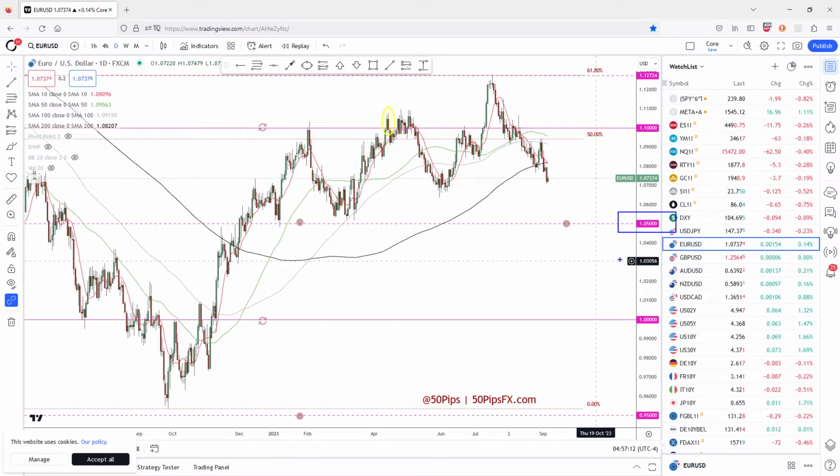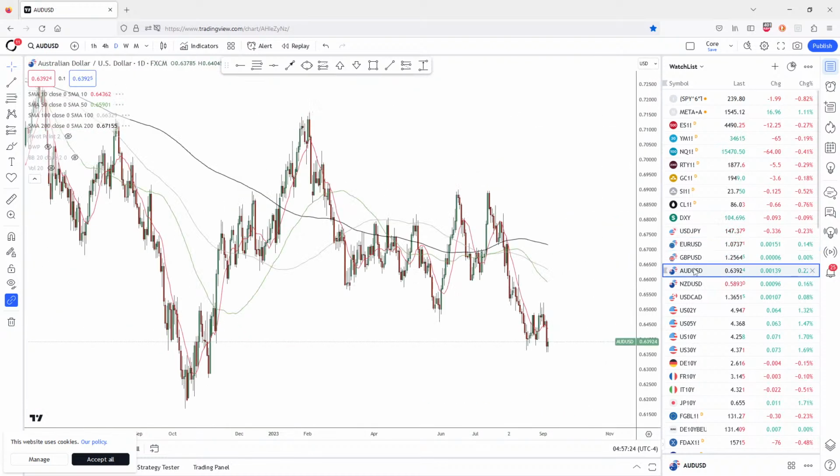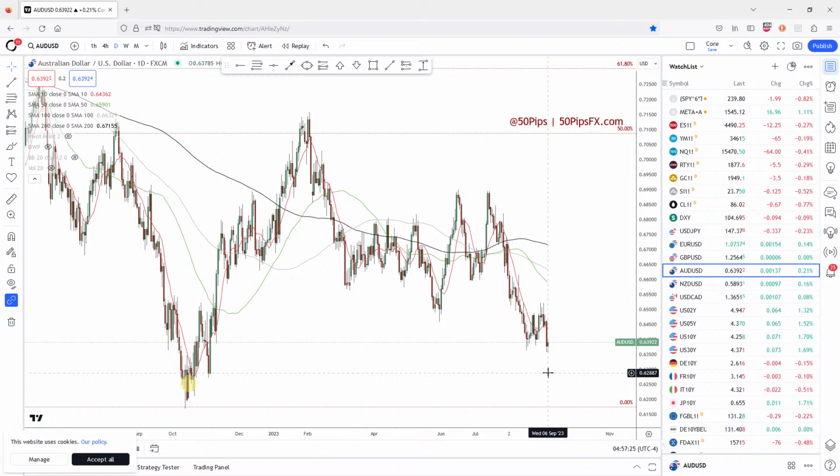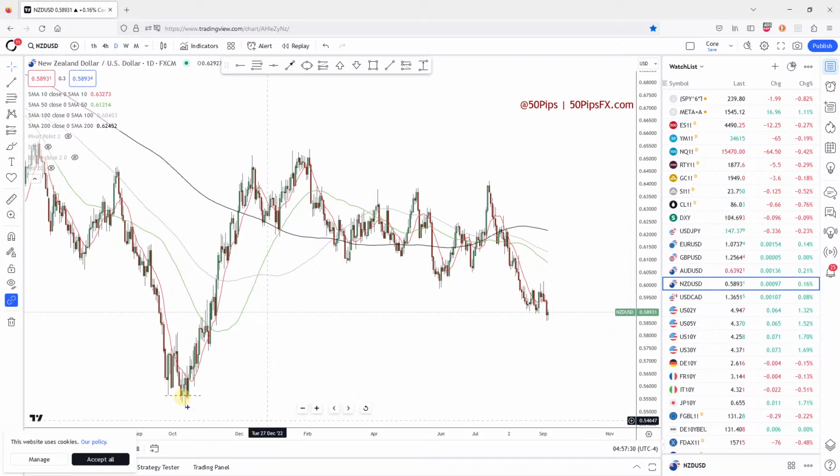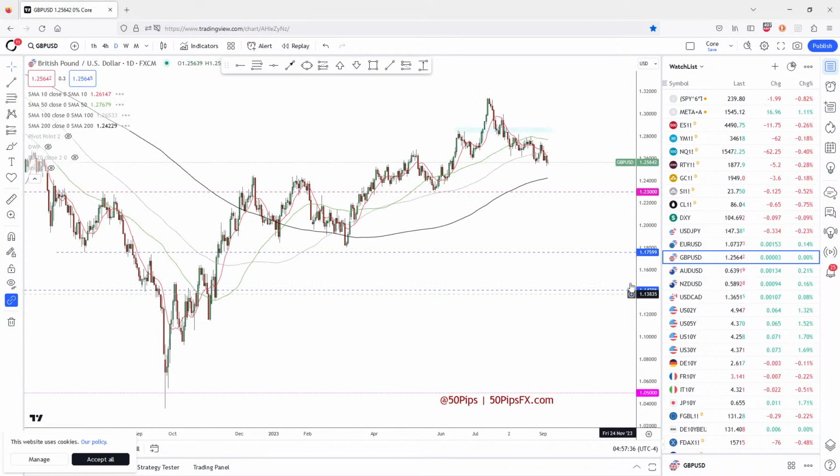That 105 on Euro equals the 106 top end of the range in DXY. Risk is here, the dollar stays strong, for Aussie to come back into these lows, Kiwi to come back into these lows, Cable back into the 123. Still, the moves we discussed last time are trying to play out and are moving along nicely, right?